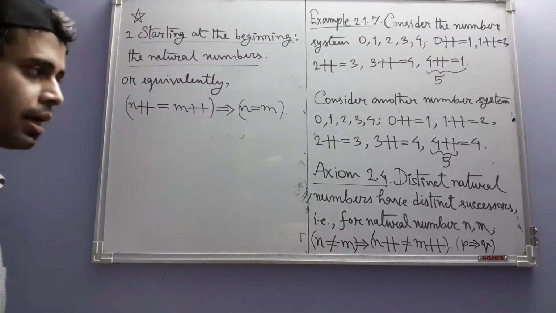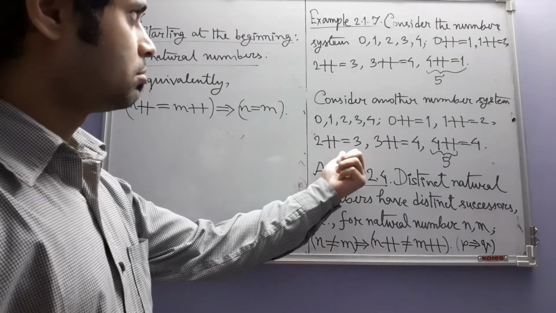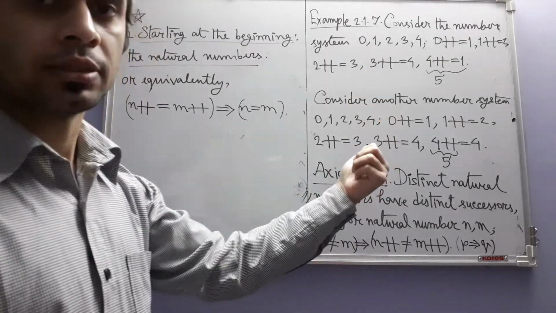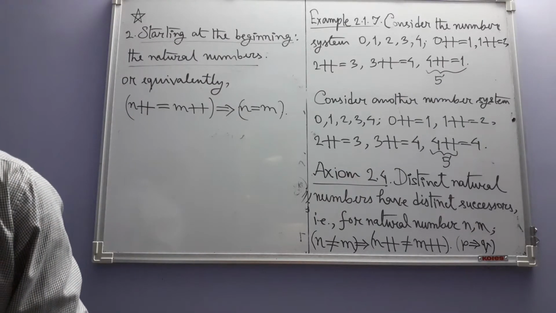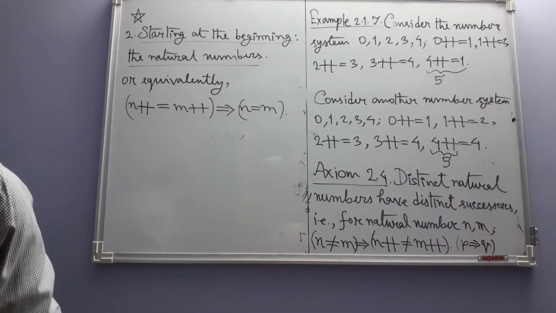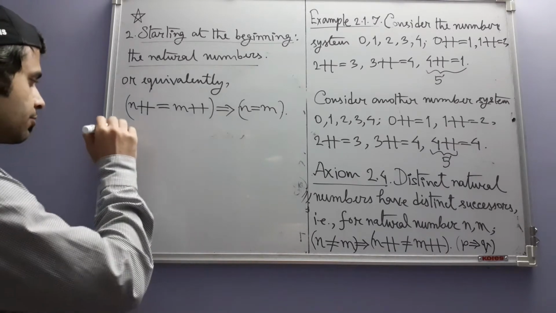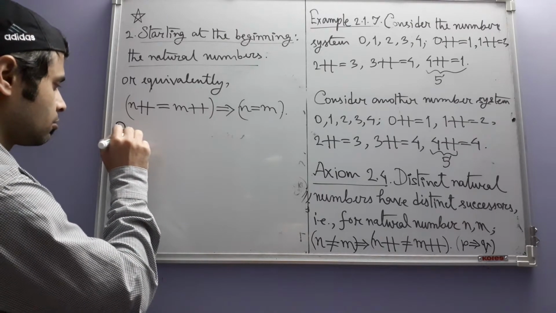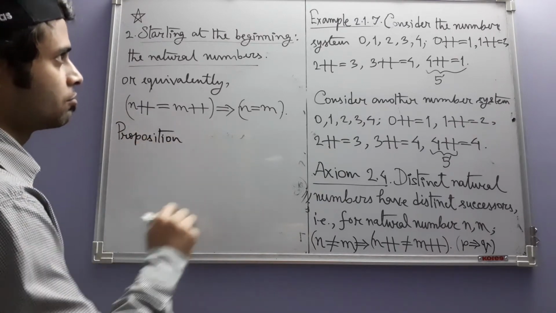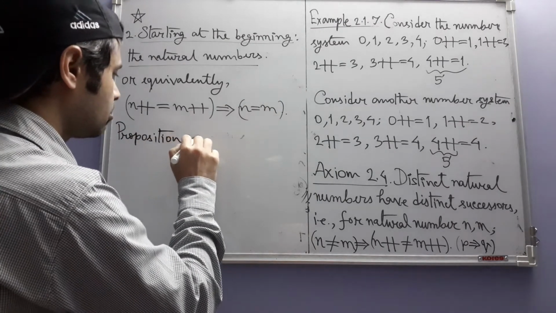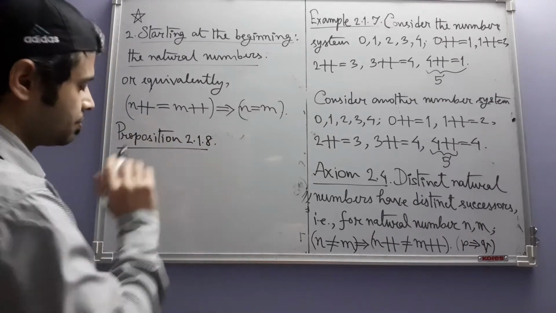Now how does this axiom prevent this sort of things from happening? So let's just see that with a proposition, of course. So this will be proposition 218.